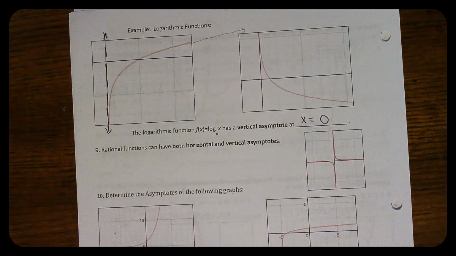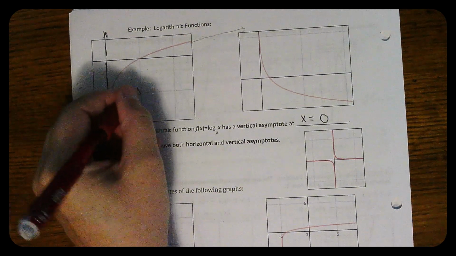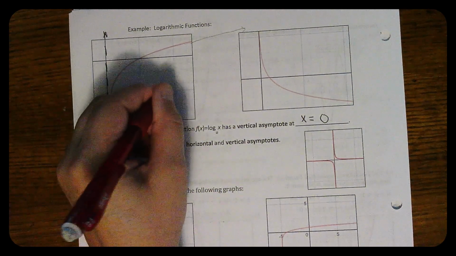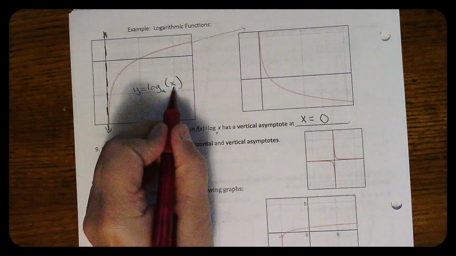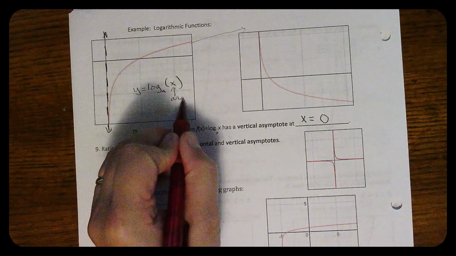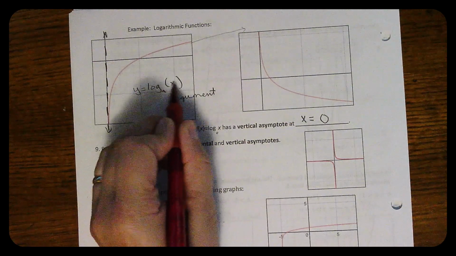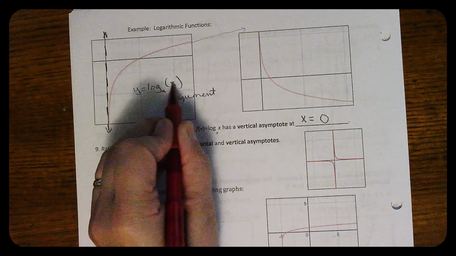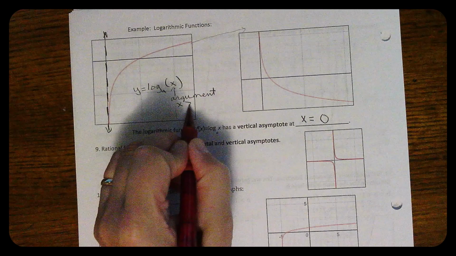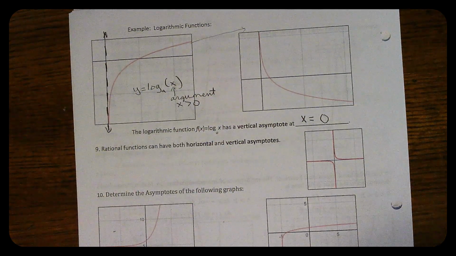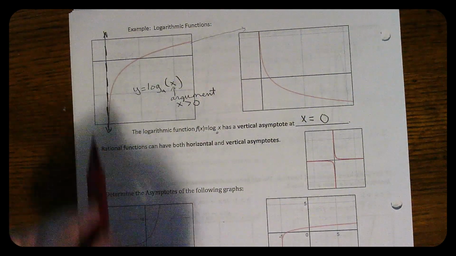All right. Now what that means is, we haven't learned about logs, but I'll go ahead and tell you. This part here is called the argument, that little spot. There's going to be a number in there. Right now it's x. And you're not allowed to put negative numbers or 0 in there. So it's kind of a new domain restriction. x has to be greater than 0. And so that's why that vertical asymptote is there.